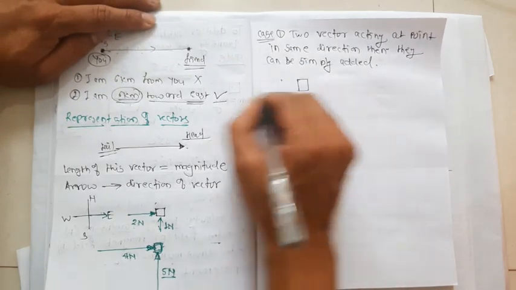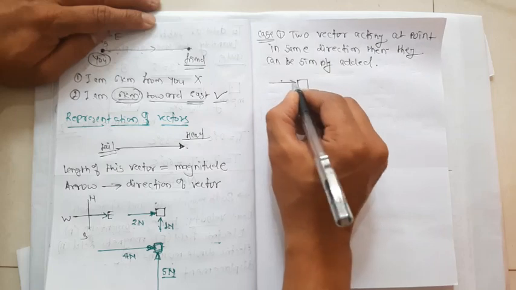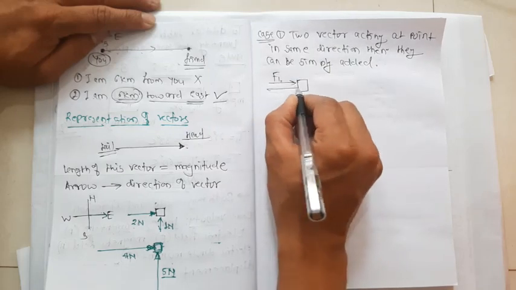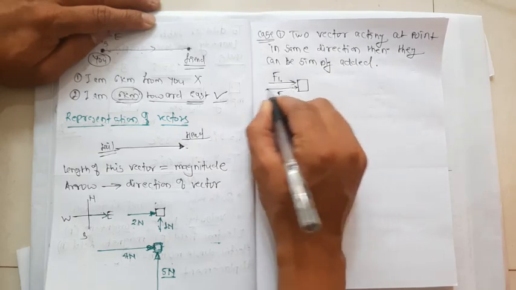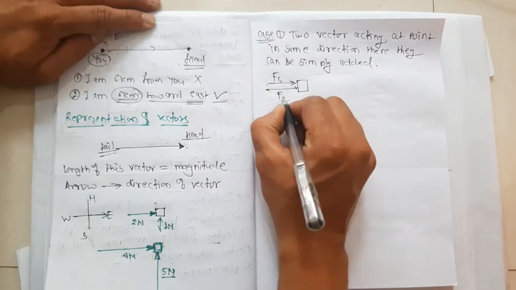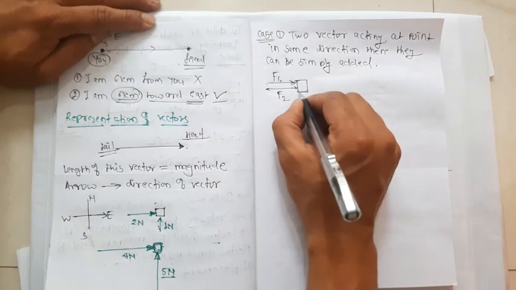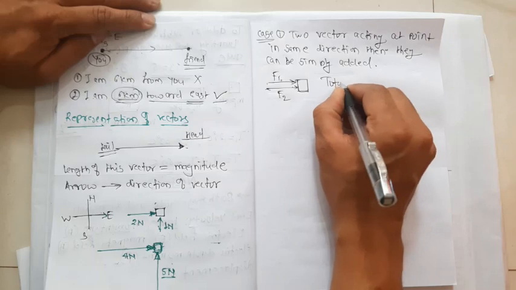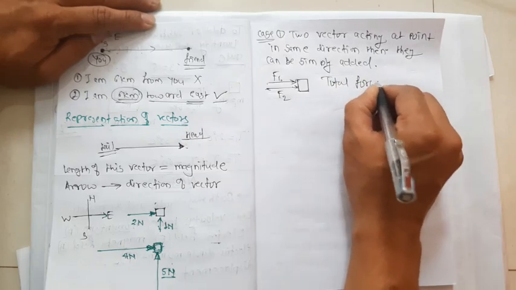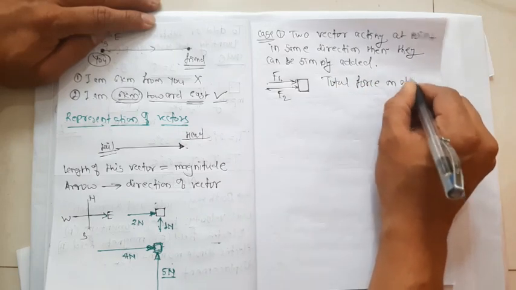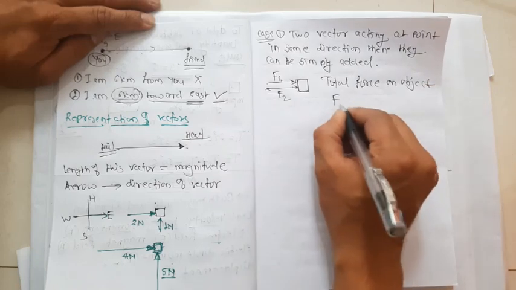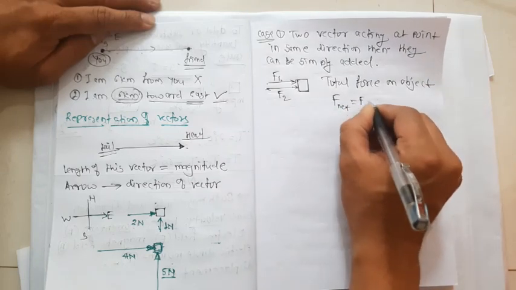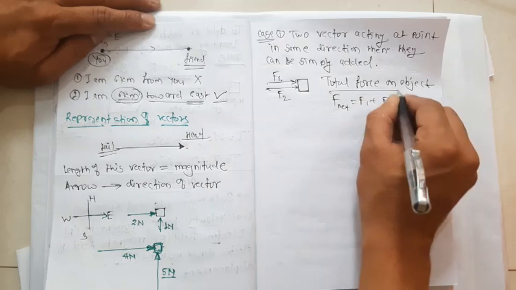Suppose this is one object and you are pushing this object with one force F1 and another force F2, both of the same magnitude, this is 2 Newton, this is also 2 Newton. Then what is the total force on the object? F net is equal to F1 plus F2.